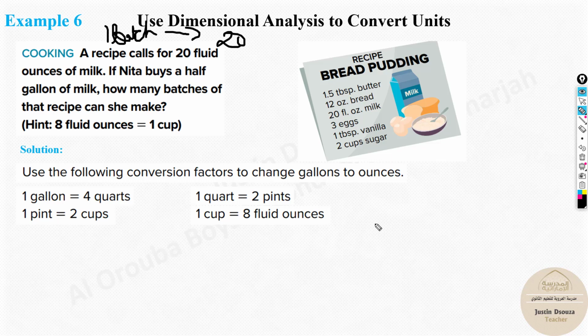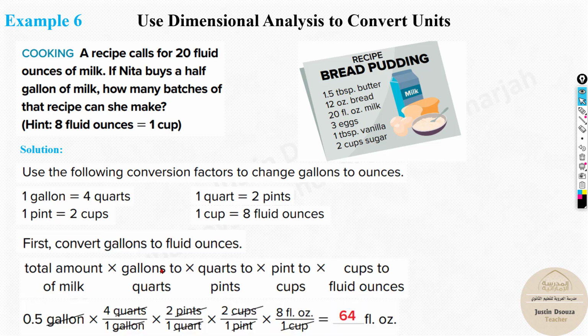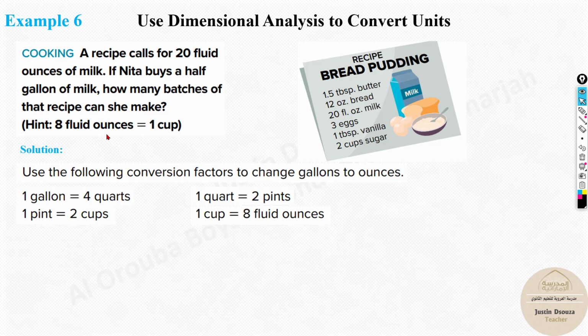So 1 batch equals 20 fluid ounces. That is the conversion. But now over here, where is the given? If Neeta buys half gallon of milk, so we have gallons.